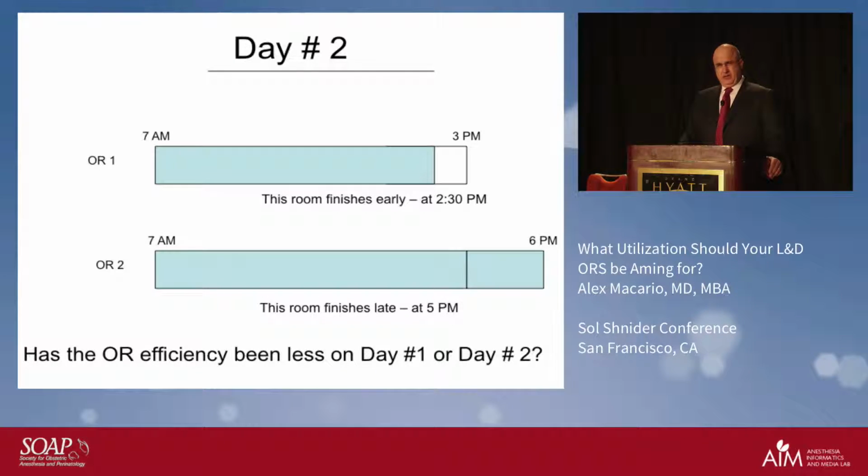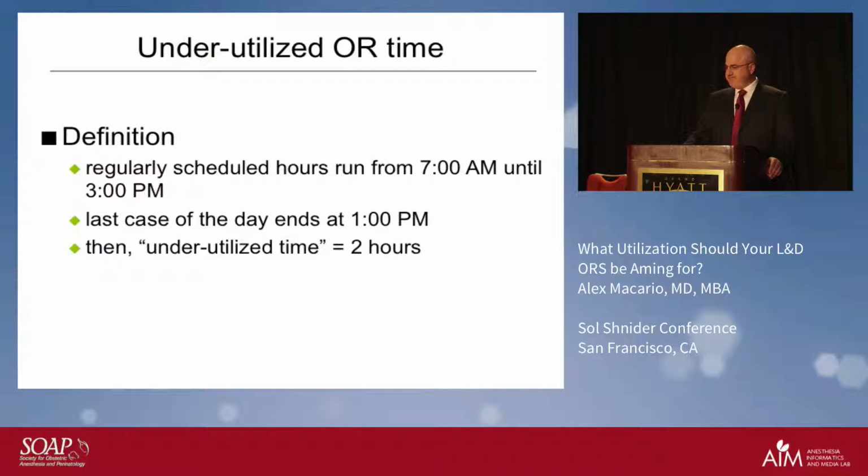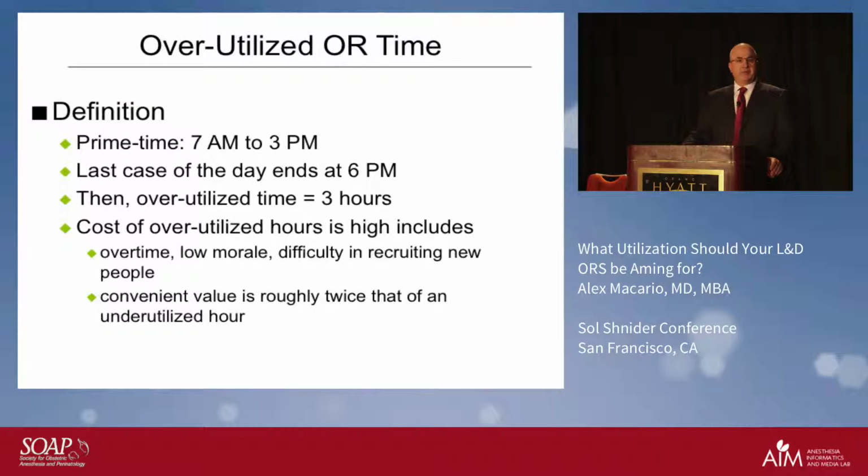And as all of you know, typically the cost of overutilized time is higher than the cost of underutilized time. That's because if the room runs late, you have to pay the staff overtime. Perhaps even more important is that if your room is always scheduled to end at 3, and every day you have to ask people to stay late, morale will go down and people won't want to work there, and then you're going to have to recruit other people to replace the people that left.